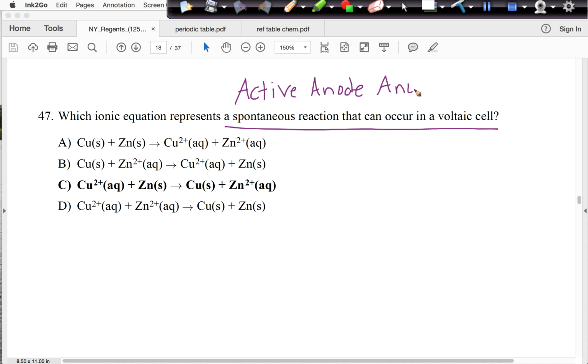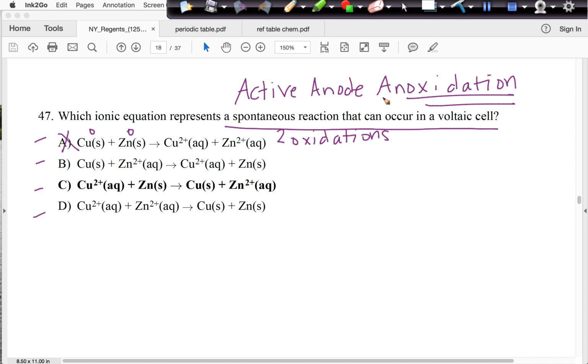And we also know that the anode is oxidation. So we have to find out which of these reactions shows the more active metal on table J being oxidized. So first of all, A, copper and zinc are both going up from 0 to +2. That's 2 oxidations.